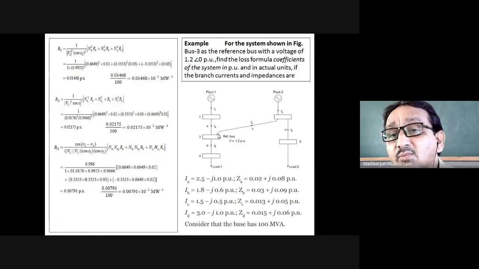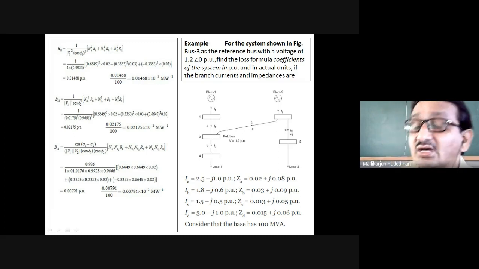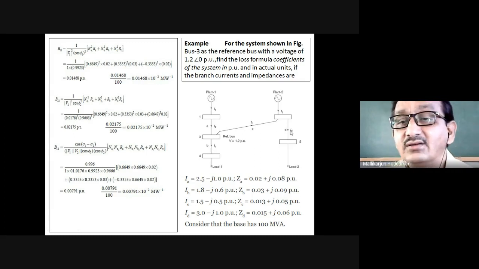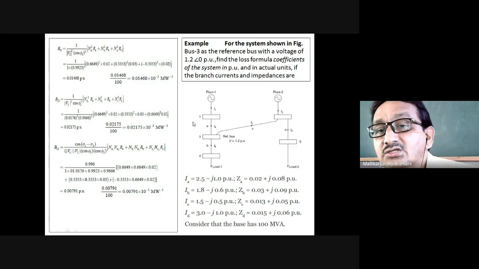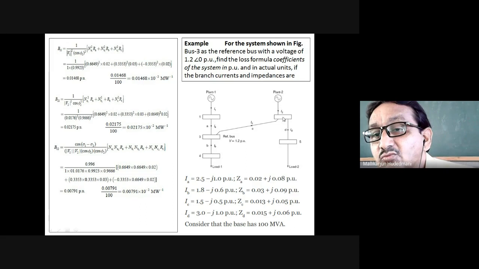This is another problem: two plants, plant 1 and plant 2. Some interconnection is there, and there are load 1 and load 2. Now identify how many sections there are: A, B, C, D. Four sections are there. Gen 1 is injecting to bus 1, Gen 2 is injecting to bus 2, currents I1, I2 or Ig1, Ig2.